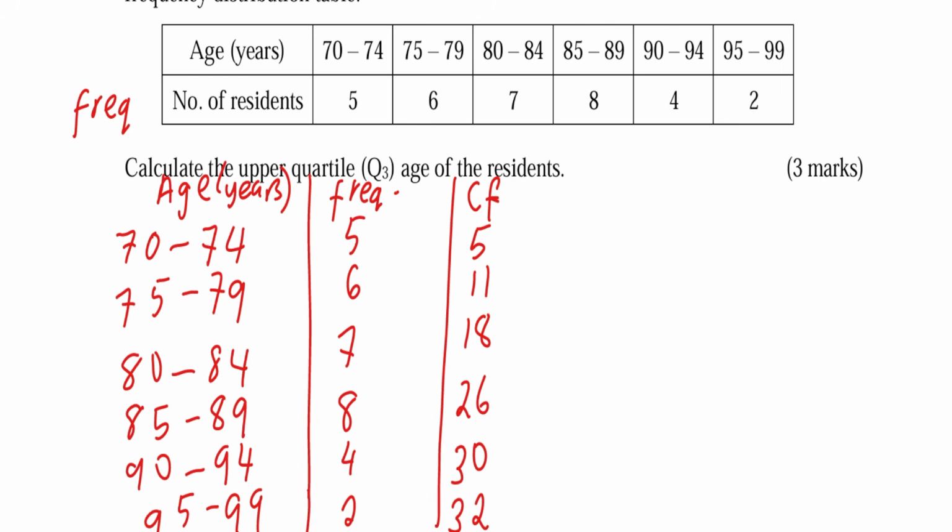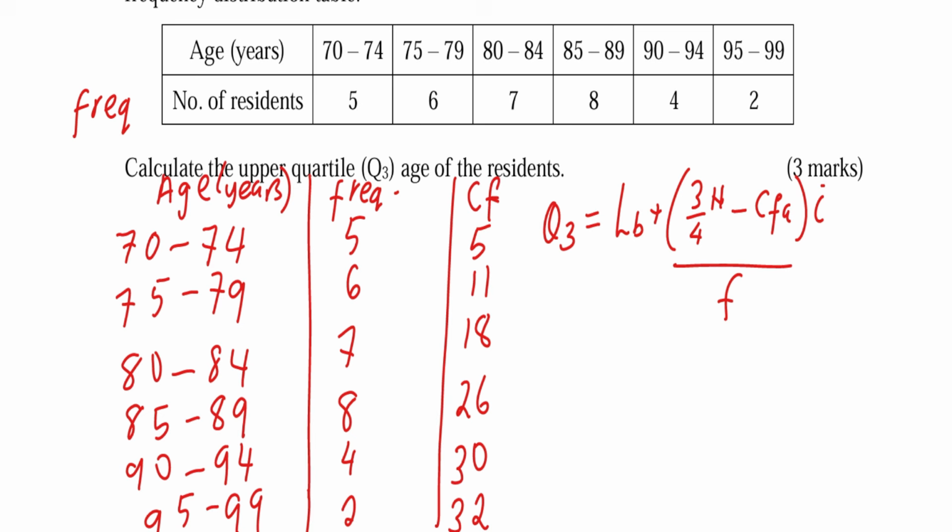Now for you to get the upper quartile, which is represented with the symbol of Q3, is given by the lower boundary plus 3/4 of n, or 3/4 of the sum of f, whichever one you'd be using, minus cumulative frequency above, then multiply by your class interval, divide by your frequency.